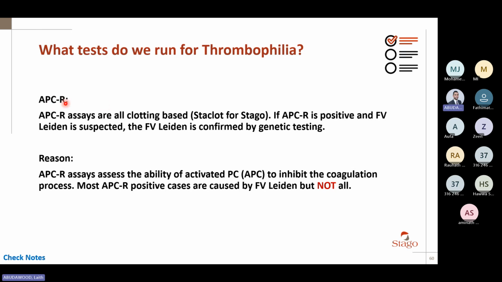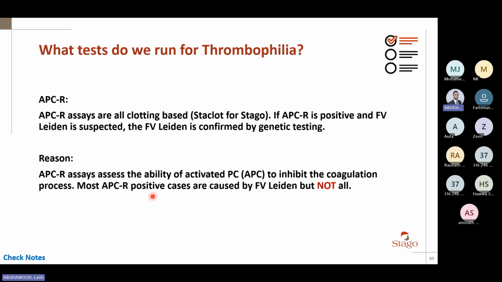So APCR is a kit that is run as a regular clotting test, and the result is reported in seconds or a ratio, depending on the manufacturer of the kit. All right, this is what I just described to you. However, one very important point. Do you see here what it says?